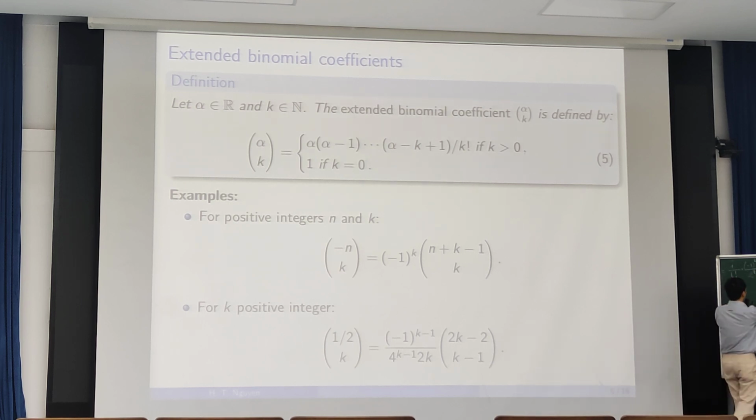And here we have 2k minus 2 factorial divided by, if we put 2 outside, 2 to the power k minus 1, and inside we have k minus 1 factorial.